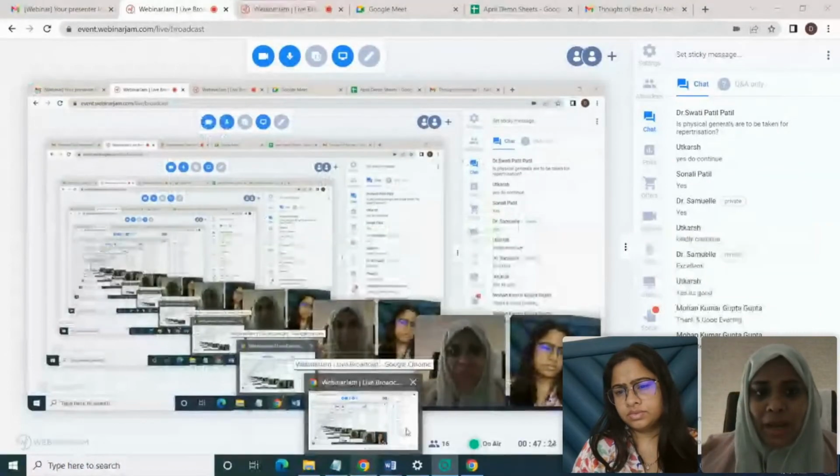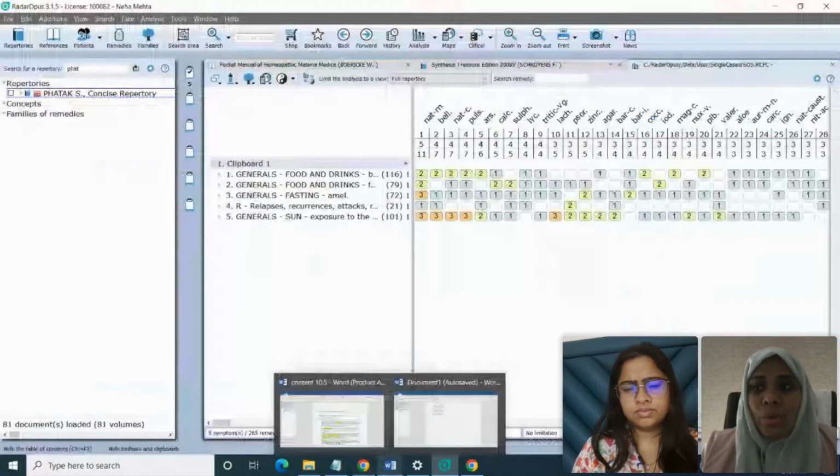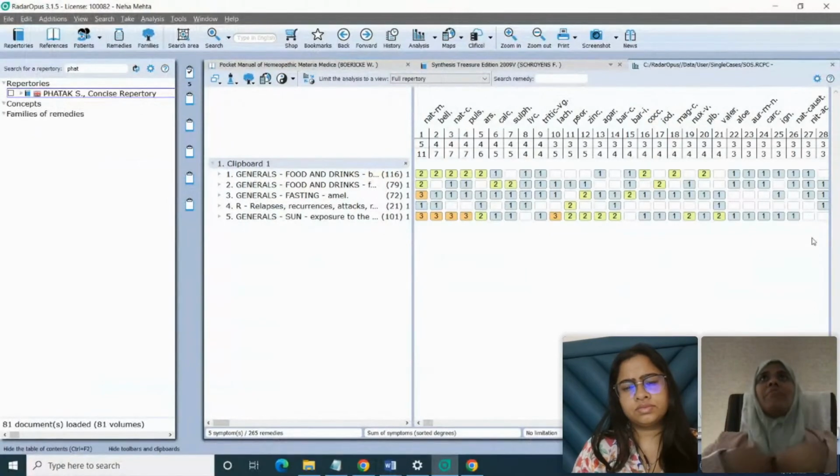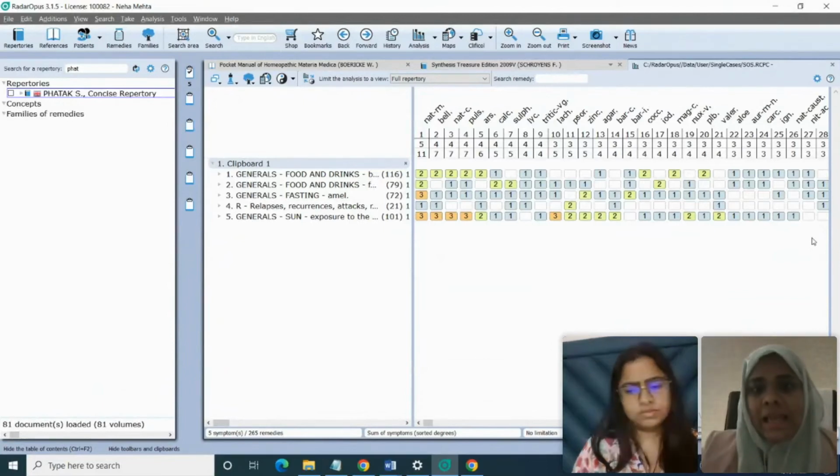Okay, so my thought process here is, am I seeing a case with acute inflammation of the symptoms, or am I seeing that the symptoms have manifested suddenly and they are violent in nature? So any remedy that has violence and suddenness, I will delete it.